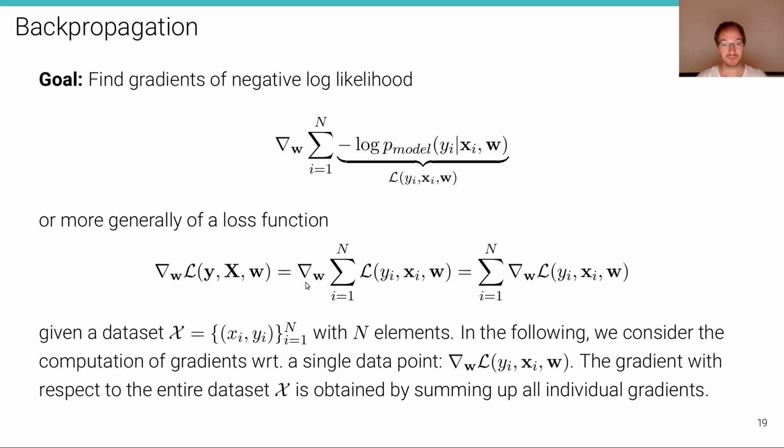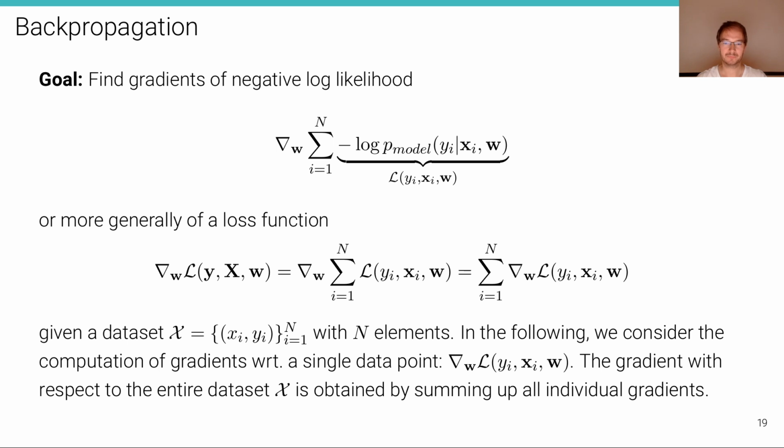And because the gradient operator is linear, we can pull this through the sum here. So this is equal to the sum over all the data points of the gradient of the loss function with respect to the parameters W. Right? So in this notation, I've used Xi and Yi as the data set with n elements.